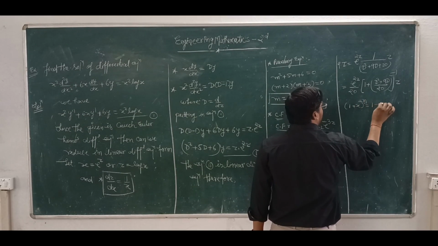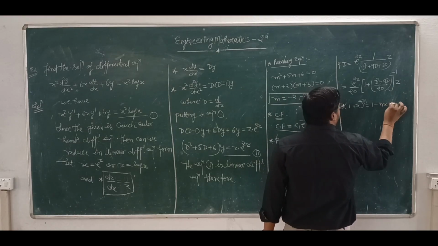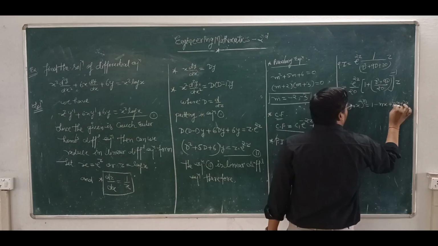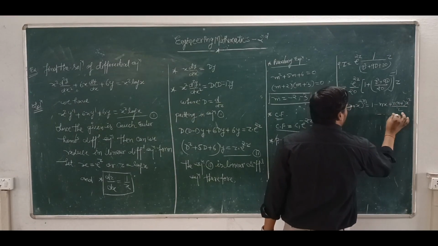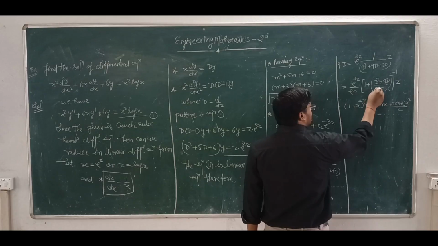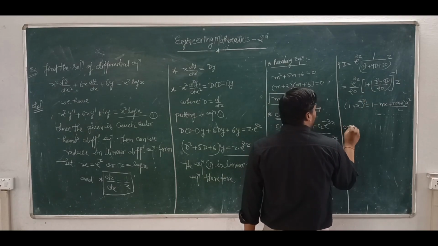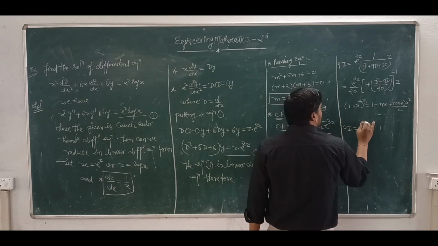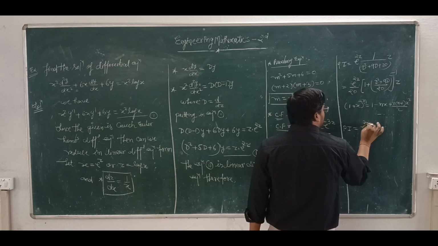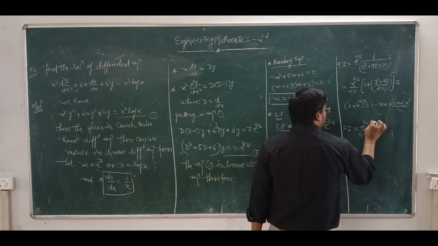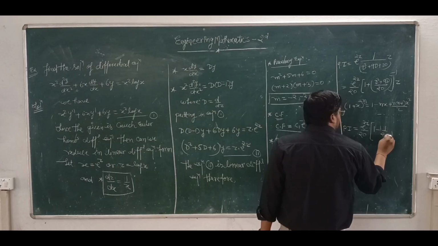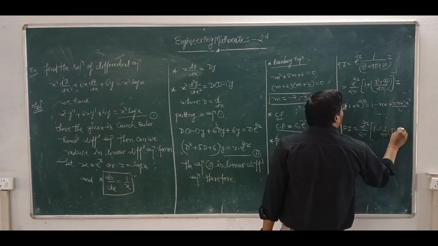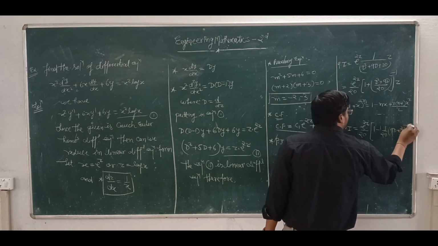You can write 1 minus nx plus n(n plus 1) upon 2 x square minus, and so on. Now you can express this function. You can write PI is equal to e to the power 2z upon 20, 1 minus 1 upon 20 (9D plus D square) into z.